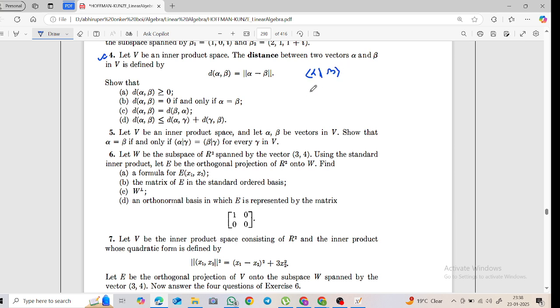So by that you define a norm of alpha. Now you are defining d of alpha, beta, that is the distance between alpha and beta, by the norm. So from an inner product you define a norm, from the norm you define a metric.